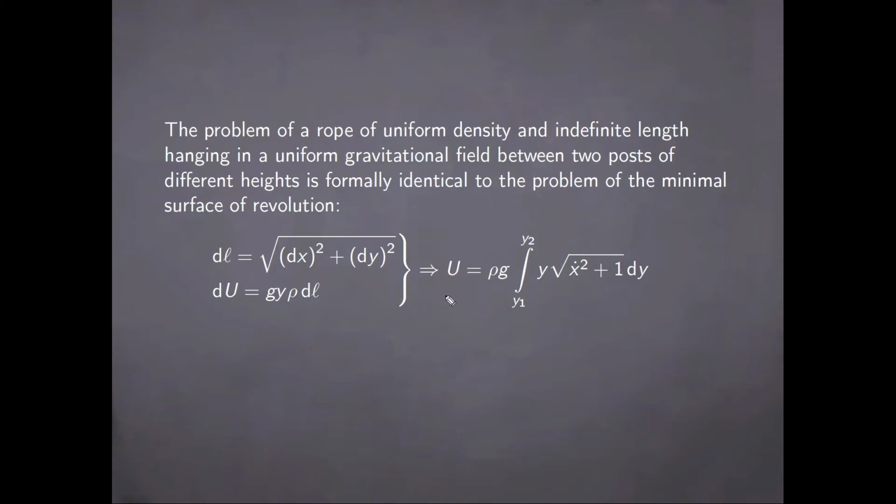And as such, the total potential energy is given by the expression here, where the integral involved, the line integral involved, is precisely the one that we have studied for the problem of the minimal surface of revolution.